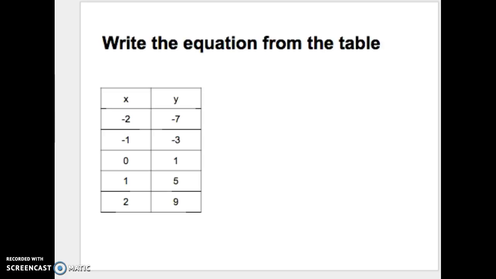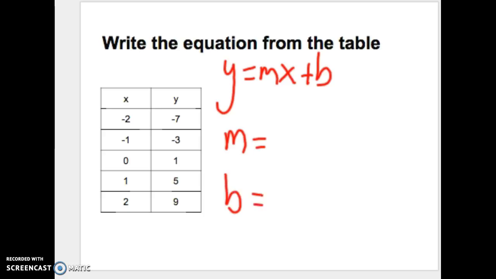If we recall, for a y equals mx plus b problem, we need two values. We need m, which is the slope, and we need b, which is the y-intercept. The y-intercept of a linear equation is when x is 0, thus b in this case is 1.